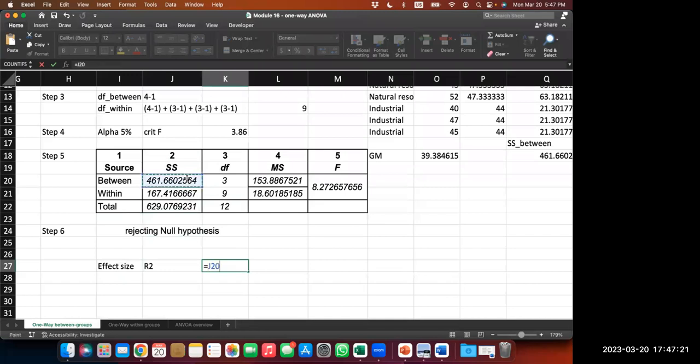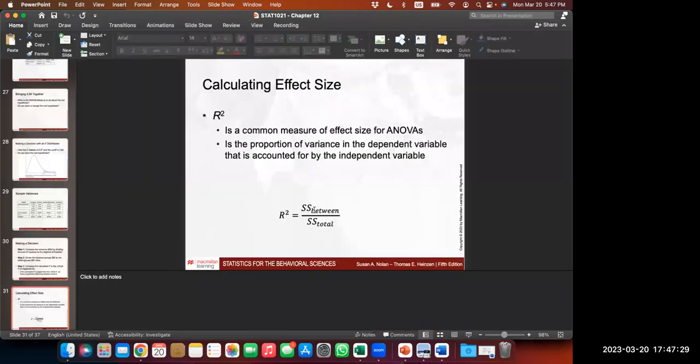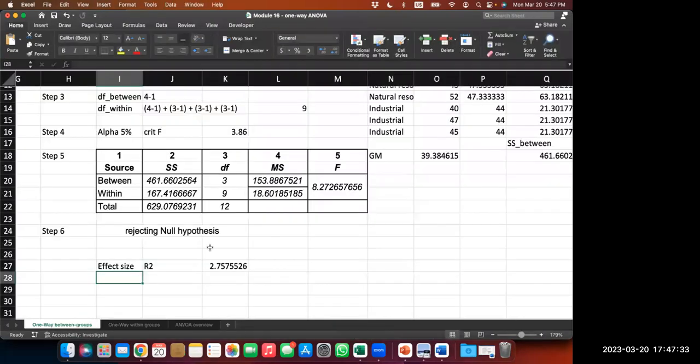Sum of squares between divided by sum of squares within, no, the other way around. Right? Between divided by total. Between divided by total. Basically gives us here an R² of 0.73, which is a large effect size.